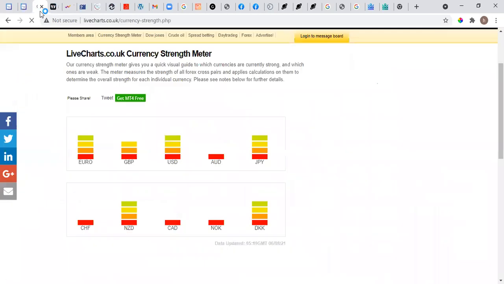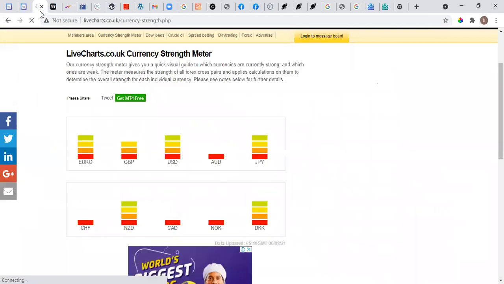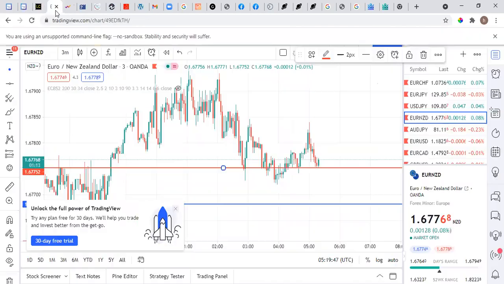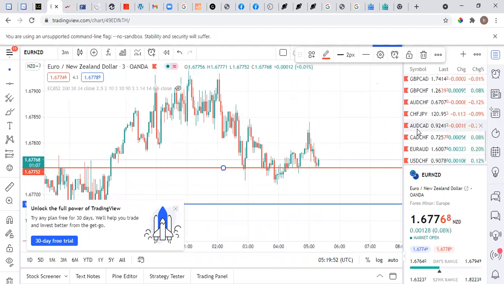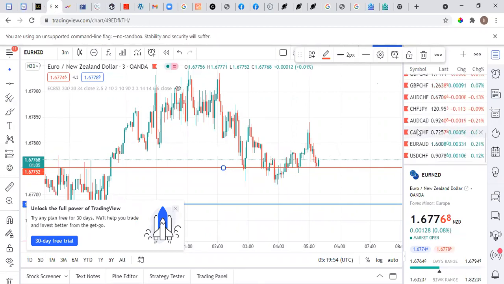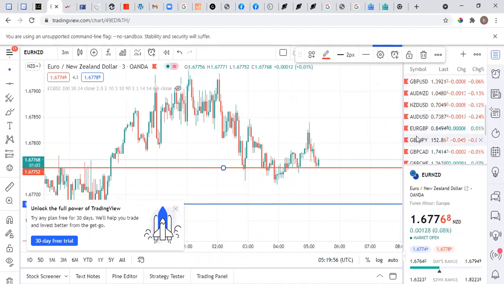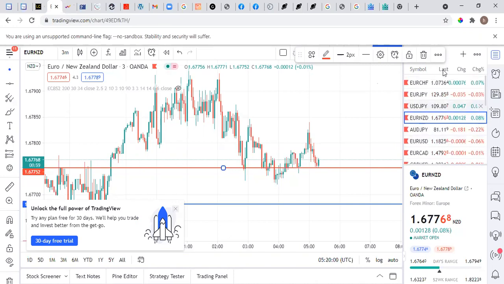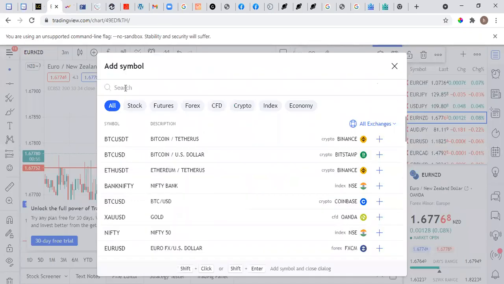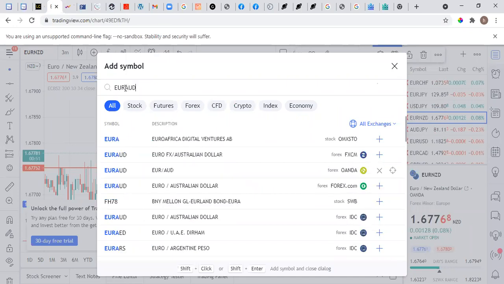But they have the same strength. Okay, let me check Euro Hot. I don't like odd pairs though. I don't even have odd pairs here. Let me just add it. I don't like odd pairs. Euro Hot.